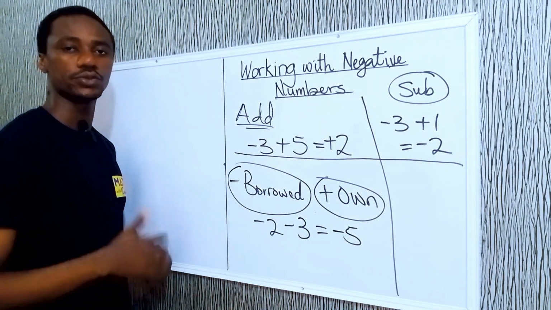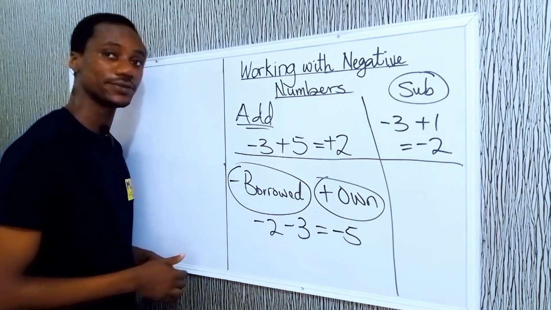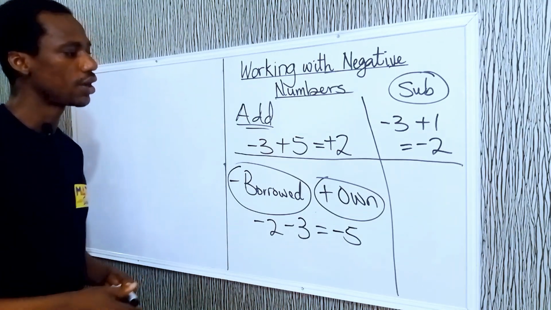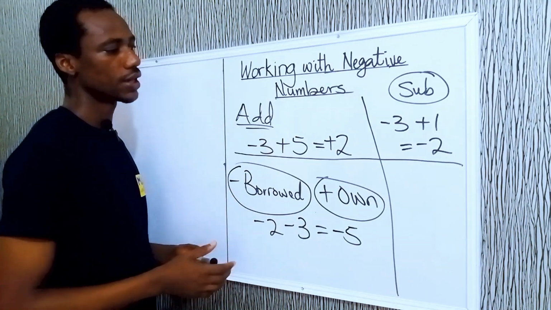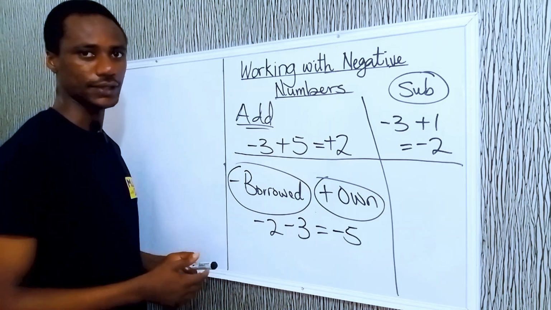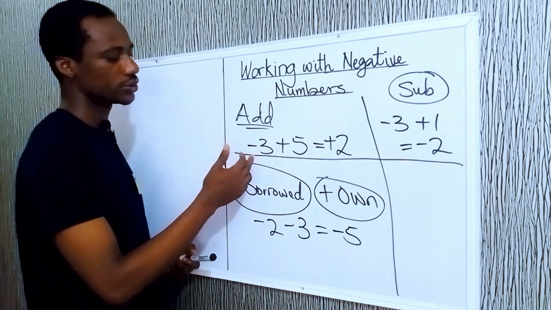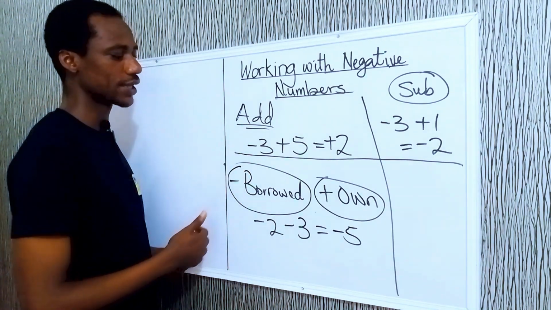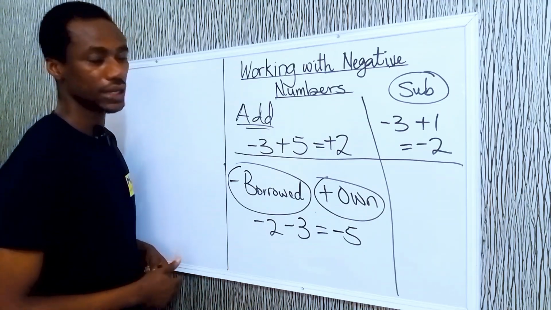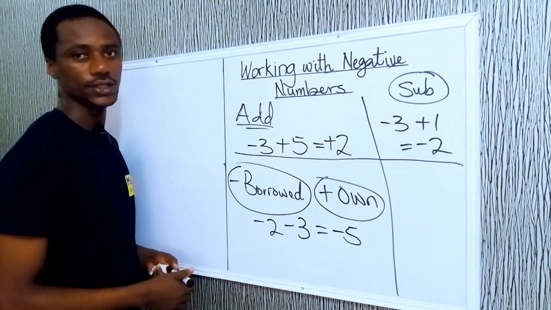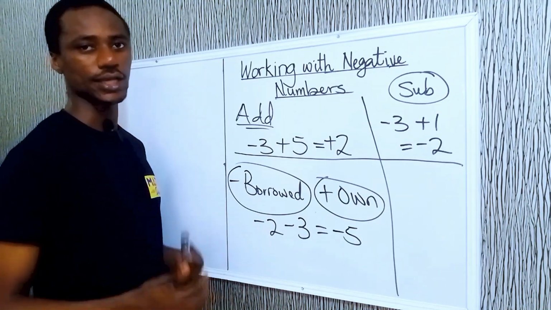But what determines whether your answer is positive or negative is which of the numbers has the negative sign. If the bigger one is with the negative sign, the answer is negative. If the bigger one is with the positive sign, your answer is positive.